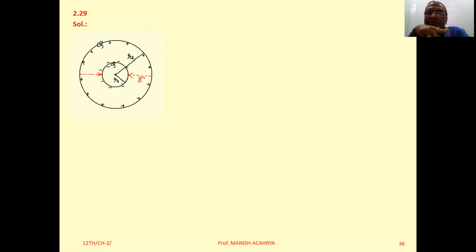In the question, the inner is called R2 and the outer is called R1, but by mistake I have taken the inner as R1 and the outer as R2 here, but it doesn't make any difference to the result. Okay. Now charge on the outer shell is plus Q, charge on the inner shell is minus Q, and the electric field is from outer to inner.